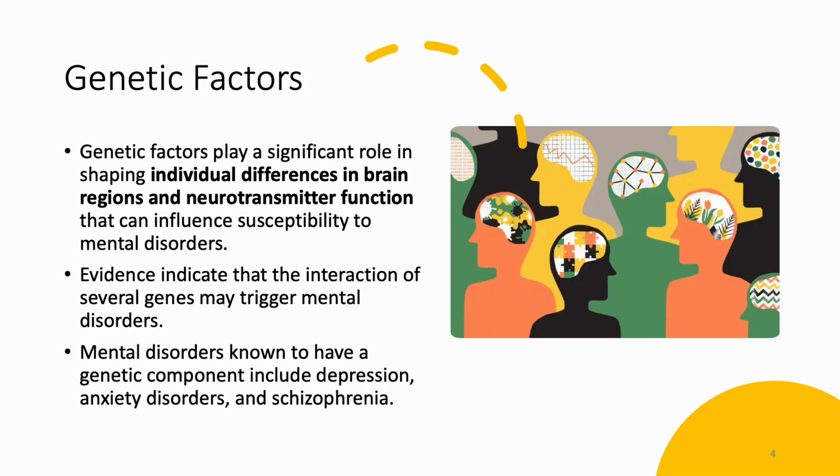Genetic factors play a significant role in shaping individual differences in brain regions and neurotransmitter function that can influence susceptibility to mental disorders. This may be due to gene variations that affect brain structure or function, as well as genes involved in neurotransmitter synthesis, breakdown, or receptor activity, all of which can increase susceptibility to mental disorders.